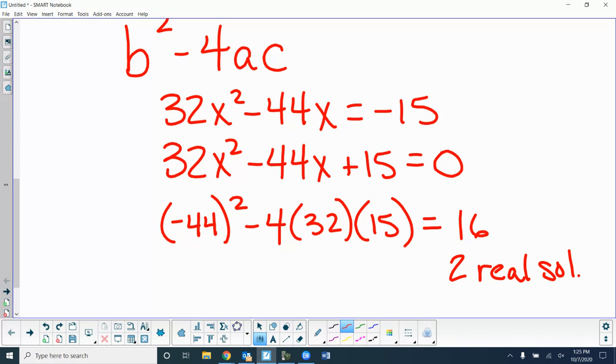Yeah. But if it's square, it's square, if it was square, yeah.